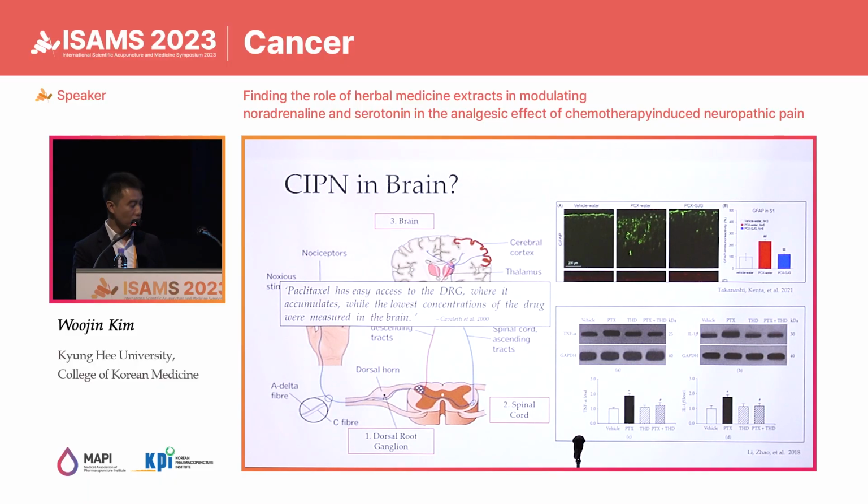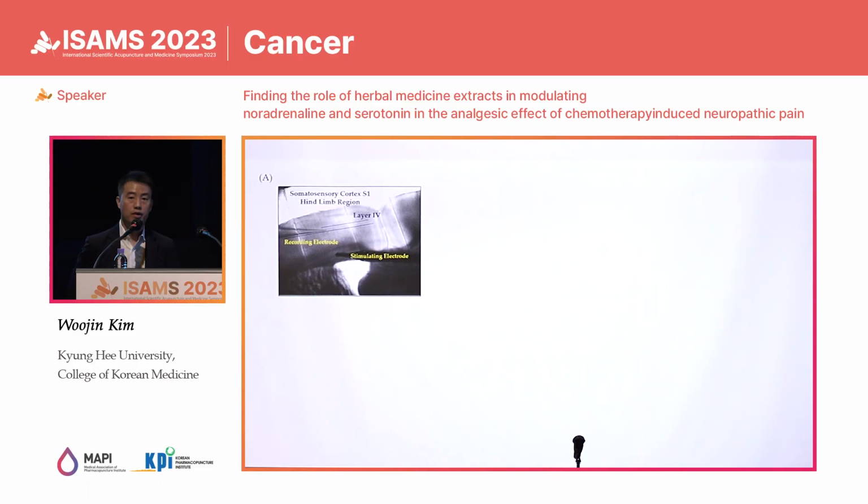So I was curious to see whether this happens in the brain, and with slices, we did an electrophysiological study. We had a brain slice of a normal mouse, and we stimulated in the corpus callosum and recorded in layer 4 of the cortex to see whether the inhibition-excitation ratio changes. So this is the normal inhibition-excitation ratio in the brain.